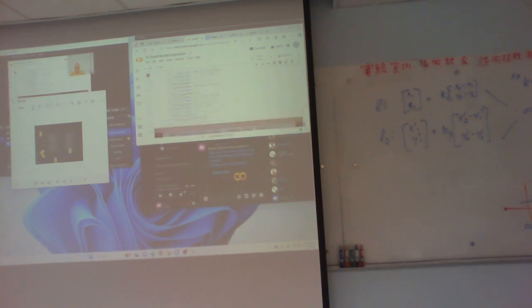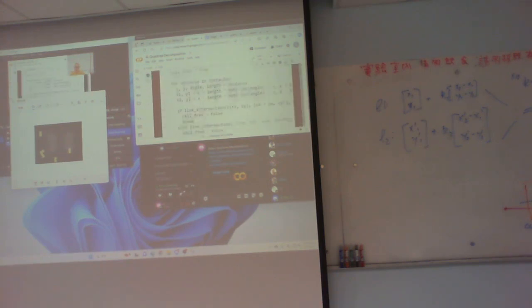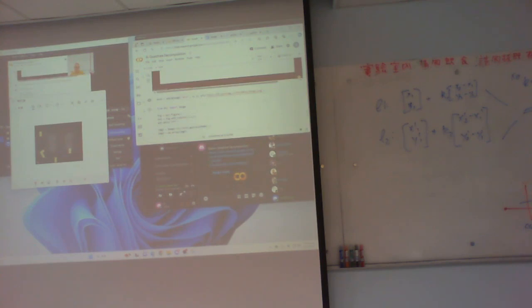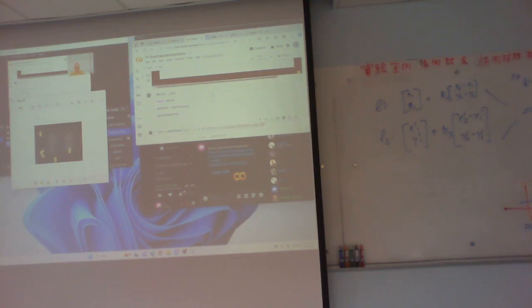If we call plot tree decomposition, plot tree environment and cell, see if we can print it.